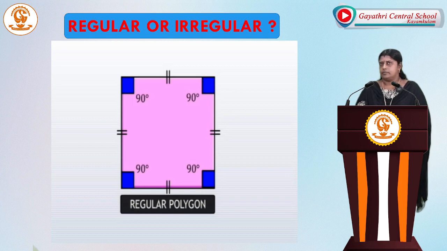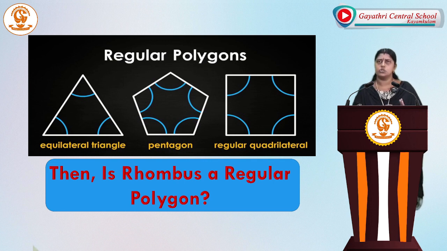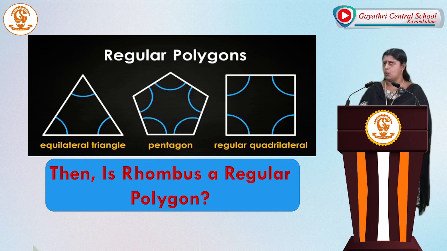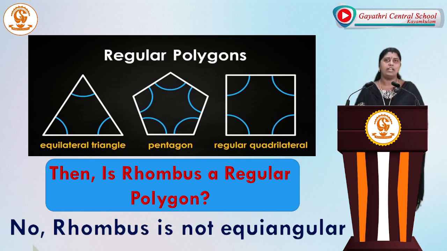Okay. Here is a question for you. What about rhombus? Have you heard about rhombus? Rhombus is also a quadrilateral. Is it a regular polygon? Okay, Krishna? No, ma'am, it's irregular. No, it is not a regular polygon because it is an equilateral figure.